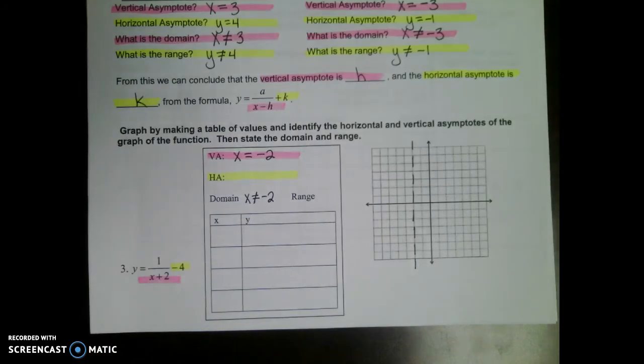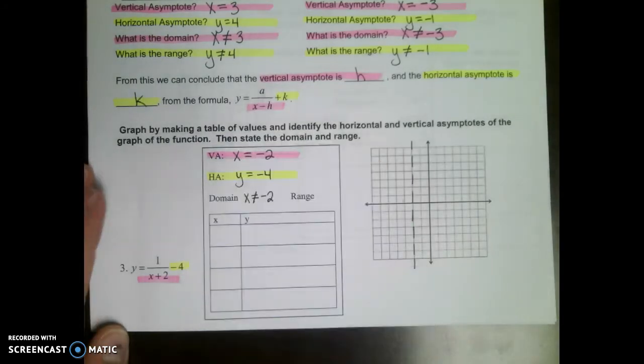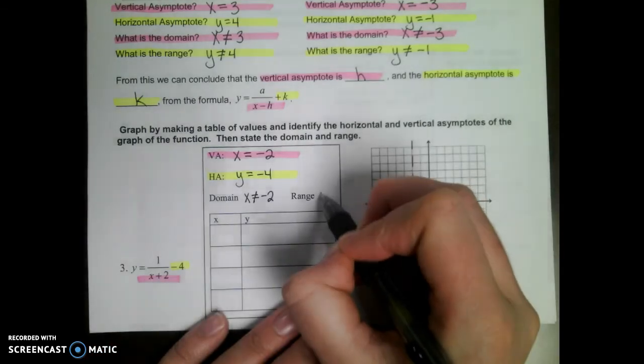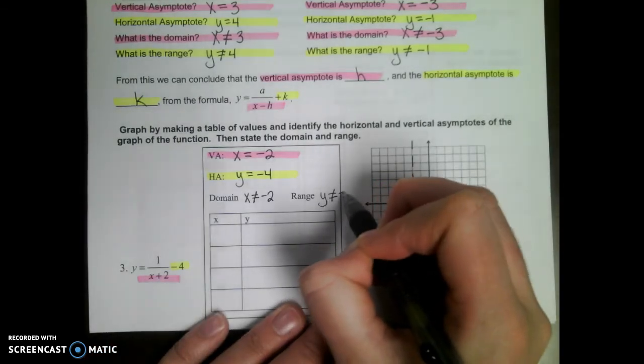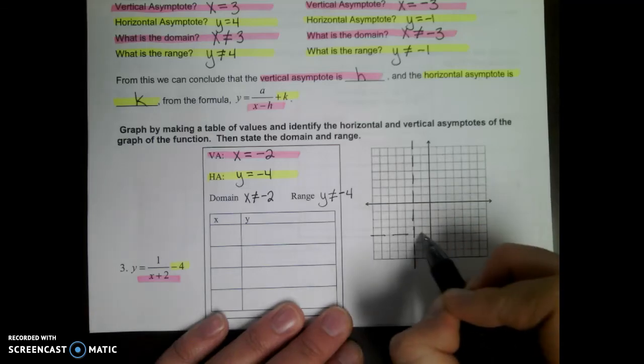What's the horizontal asymptote going to be? So our range, y cannot equal -4, and we can draw in our asymptote.